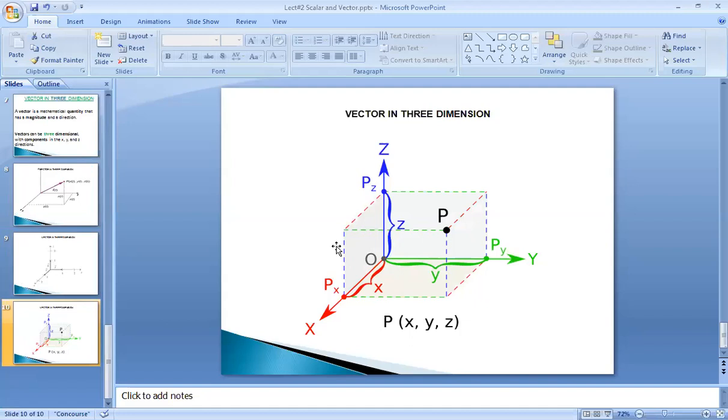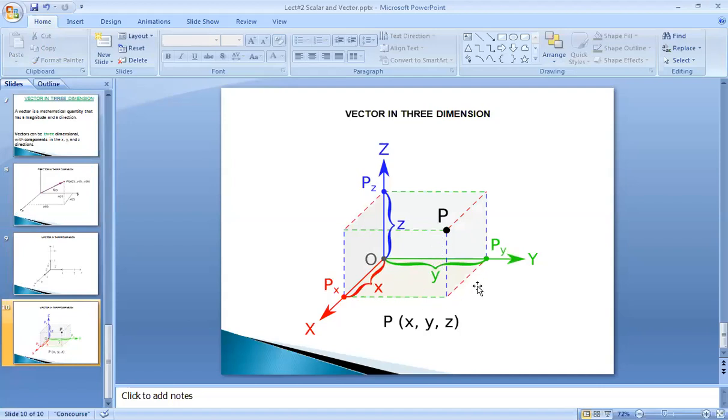For your convenience, three colors are used here. The x component of P is shown in red, the y component in green, and the z component in blue. You can see clearly how they represent OP, which is basically the position vector, and x is the red color. Students, see very clearly that this is x, y, and z. See my cursor: x, y, and z.